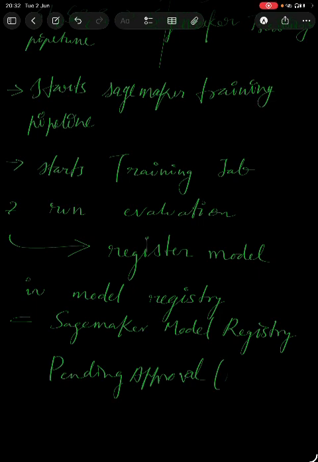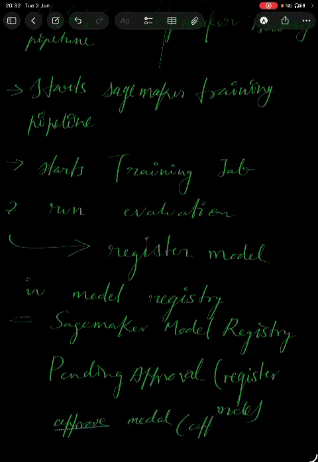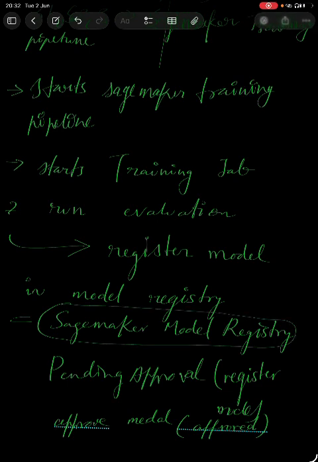This is for register model, and then for approved model, there is like approved. Okay, so this all is happening inside this particular SageMaker model registry.